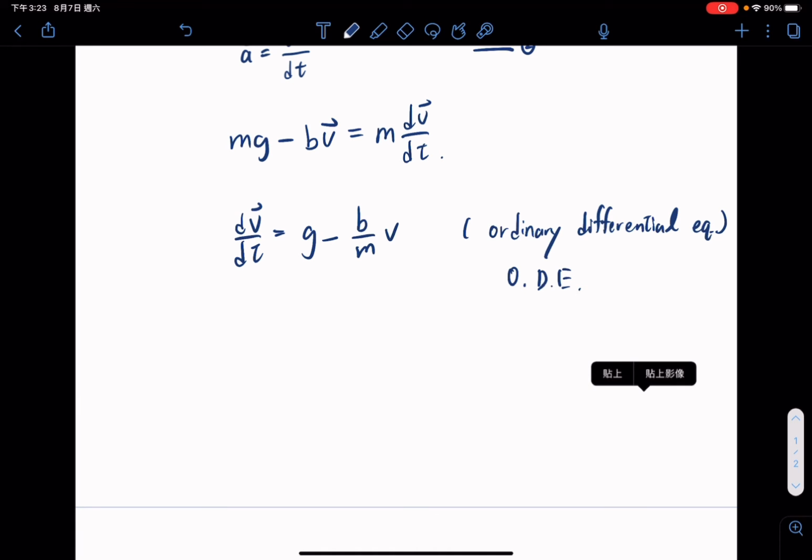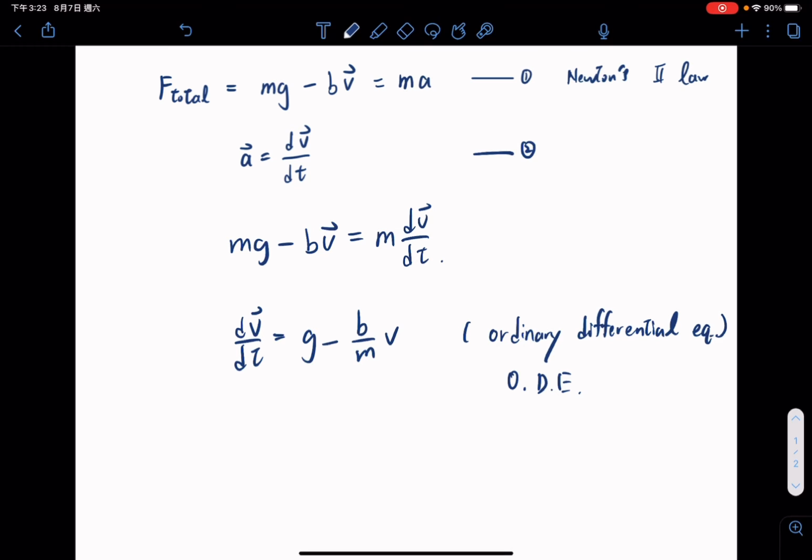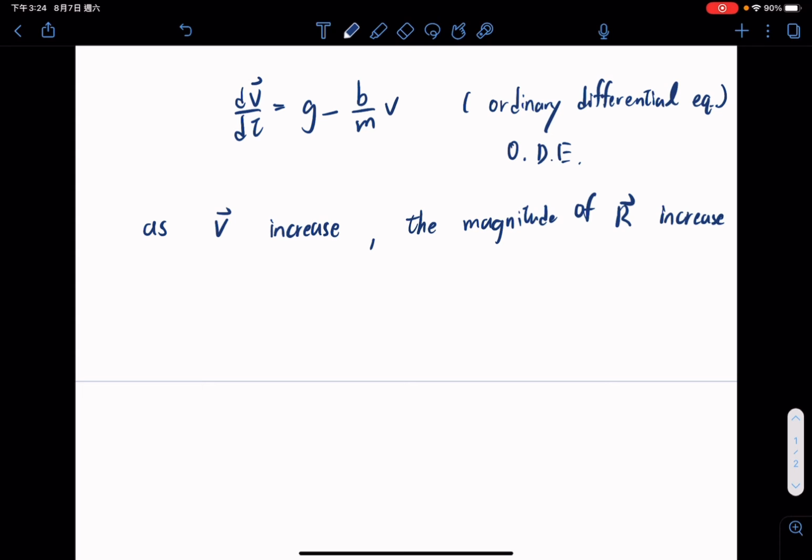We can observe from this equation that as v increases, the magnitude of R increases, but it will not increase all the time.